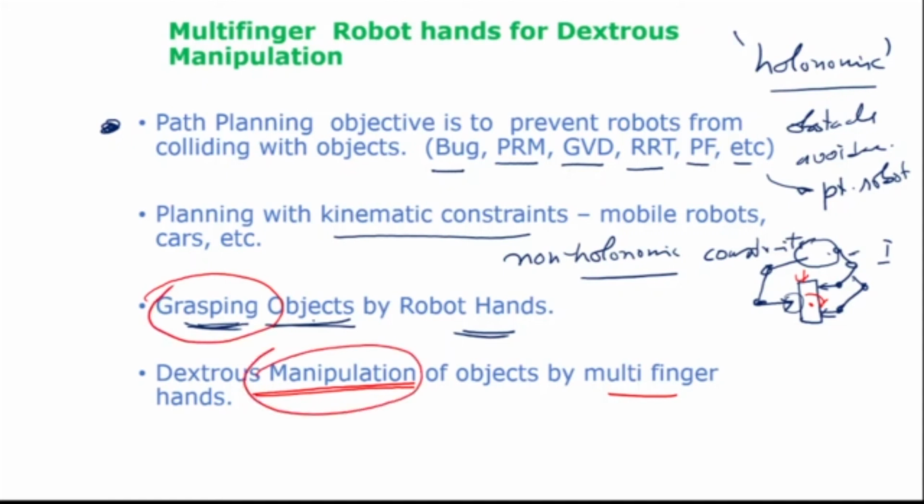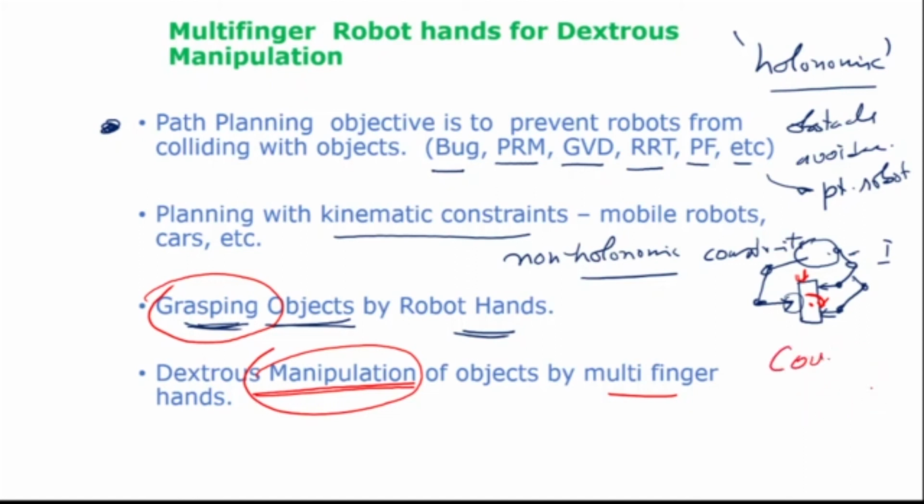Now, grasping and manipulation are a little different, they are also path planning, because this object must move in a particular way, okay, and hence there has to be some path plan. Now, it's a little different from obstacle avoidance. We don't make contact there. Here we are making contact, okay. So we also have to worry about the velocities and forces that are being applied, because there is contact here.